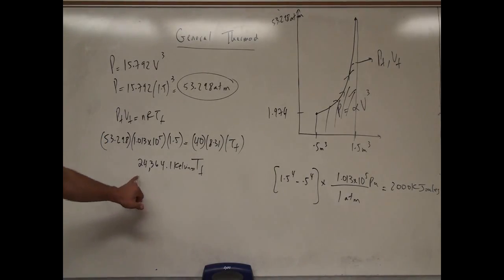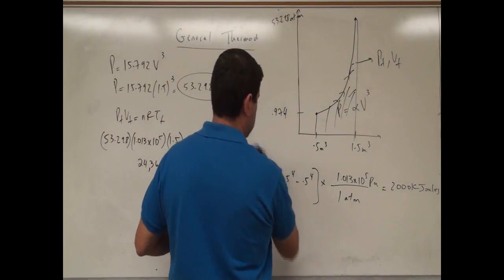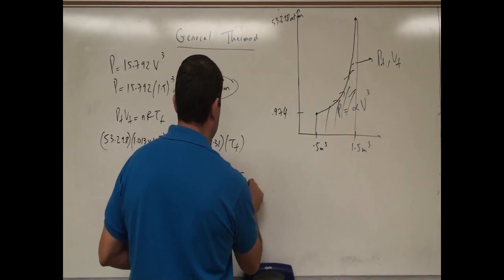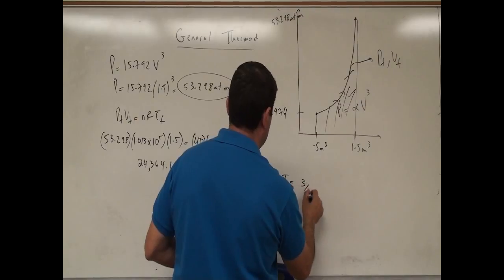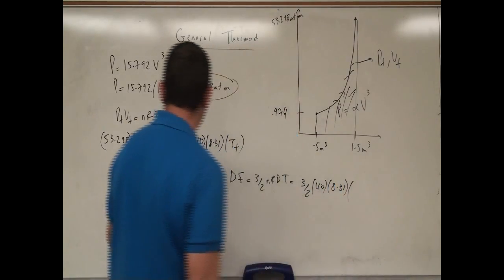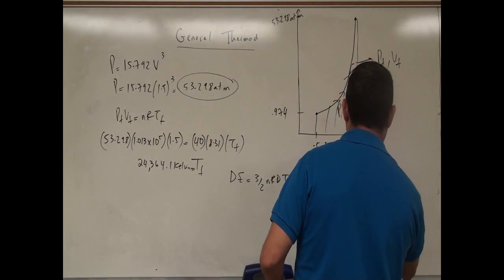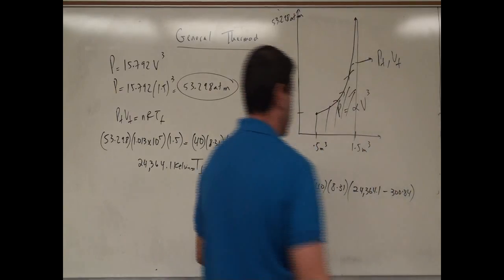So then we can calculate the change in internal energy of the gas, right? Delta E is going to be equal to 3 halves nR delta T. So 3 halves 48.31, and then the delta T would be 24,364.1 minus 300.84, right?